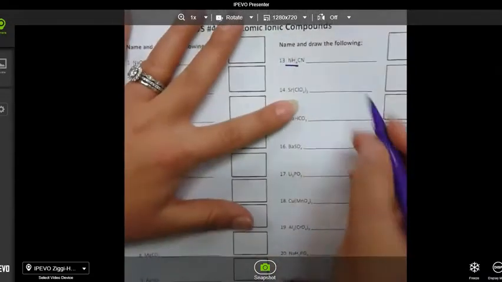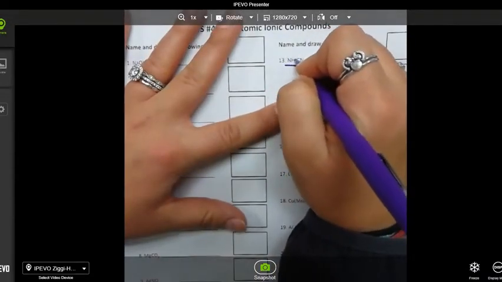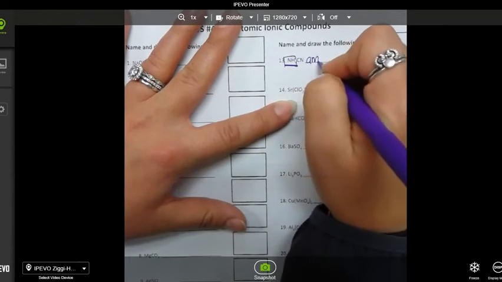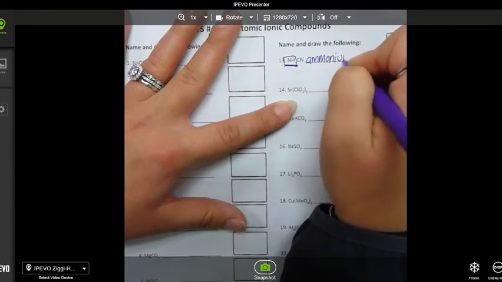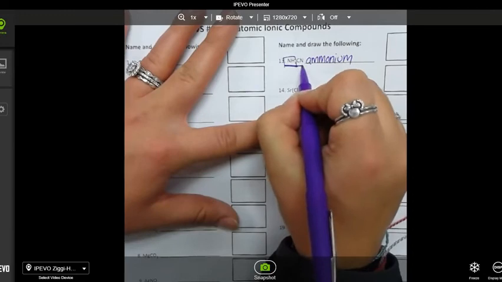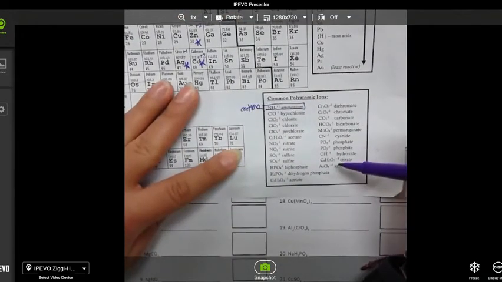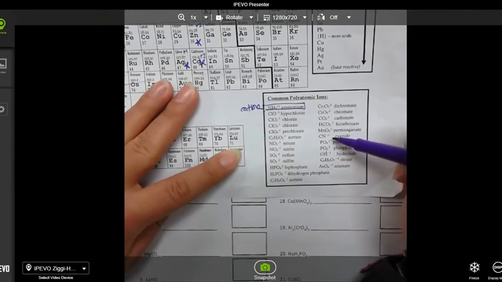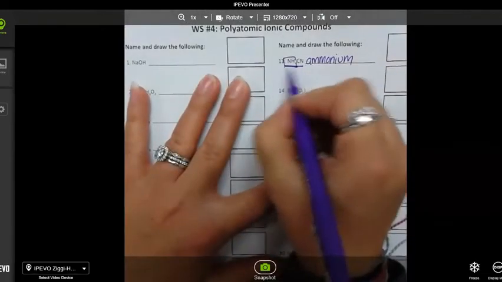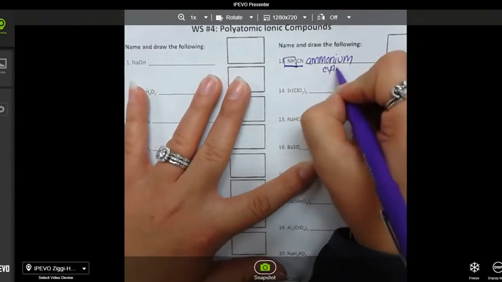NH4 is ammonium. So this is ammonium. I've named this first part, so then I need to look for the second part. And CN together is a polyatomic. It is right here, it is cyanide. So this compound is ammonium cyanide.